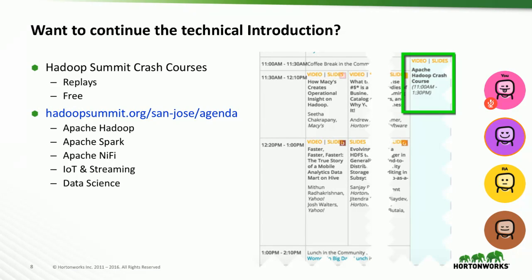If you want a much deeper, longer introduction, it's about 45 minutes just on what the technology is. There's a collection of crash courses from the Hadoop Summit. The replays are available and free. Go to the Hadoop Summit website for San Jose, on the agenda page, and on the right you'll see these crash courses.